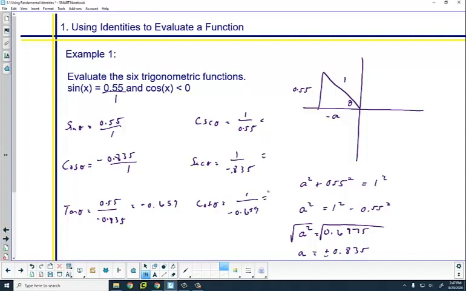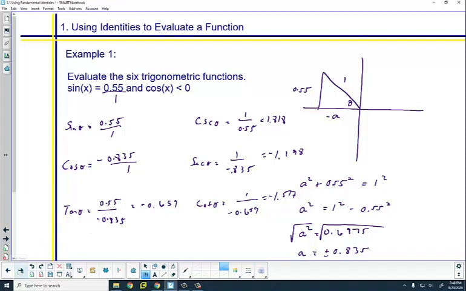So 1 divided by 0.55 is 0.818. 1 divided by 0.835 is negative 1.198, and 1 divided by 0.659 is negative 1.517. So there are your 6 trigonometric values just using SOHCAHTOA, using a triangle, using the basic trig identities.